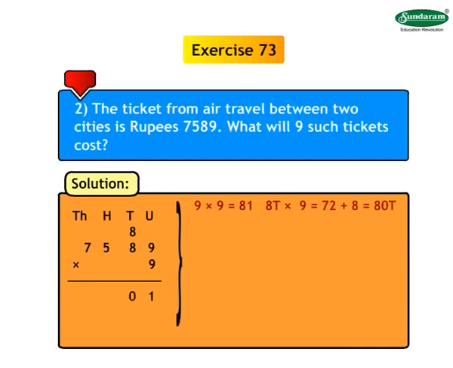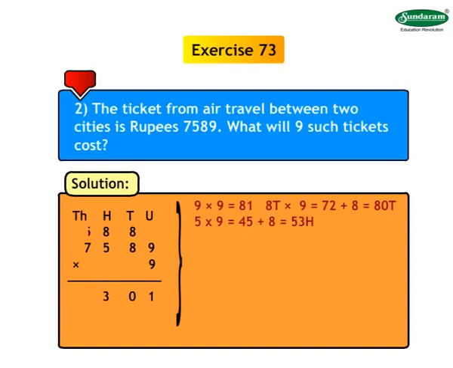Next, 8 tens into 9 is equal to 72 plus carried over 8 is equal to 80 tens. Write 0 to left of 1 in the answer's place. Carry over 8 to the hundreds place. Now, multiplying 5 hundreds into 9 plus carried over 8 is equal to 45 plus 8 is equal to 53 hundreds. Write 3 left of 0 in answer place.